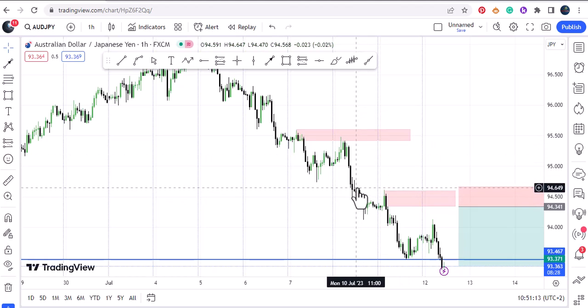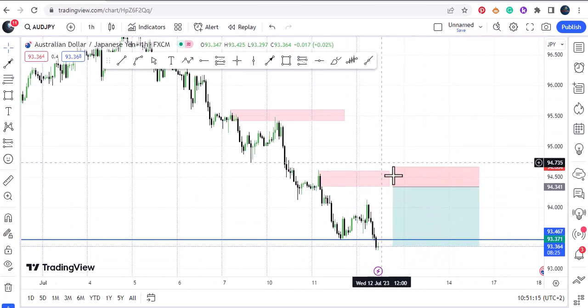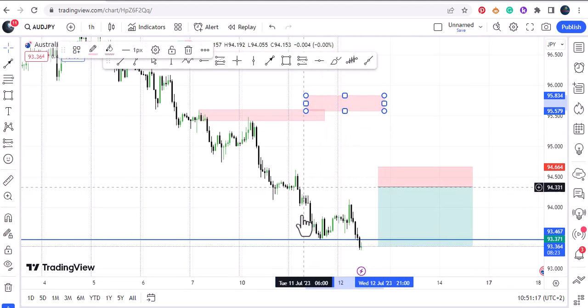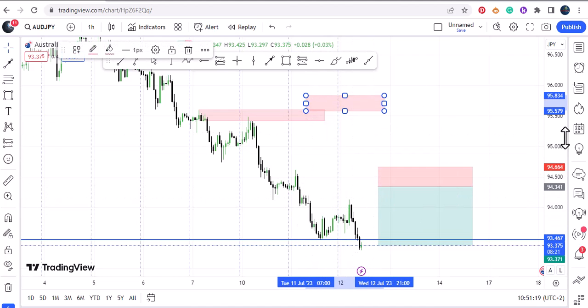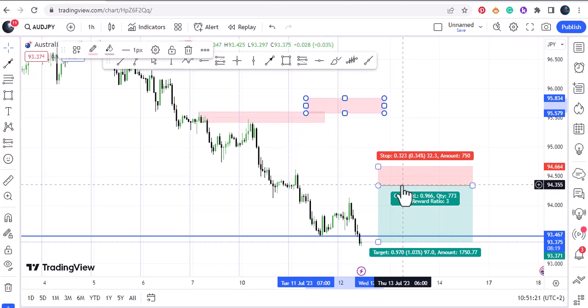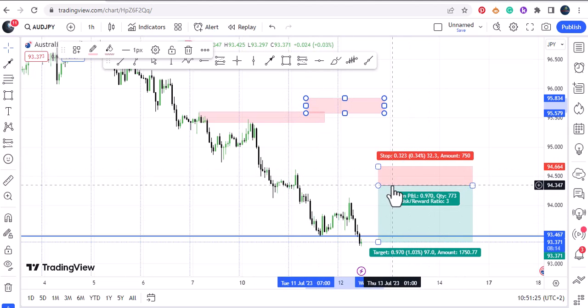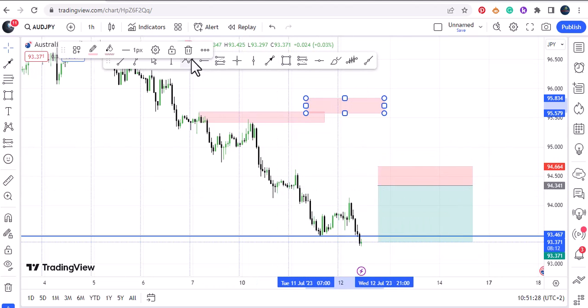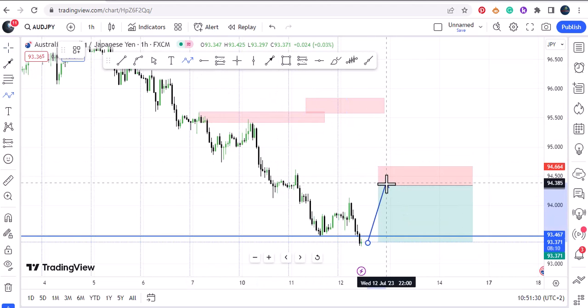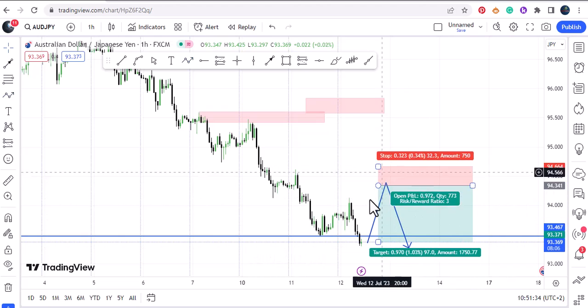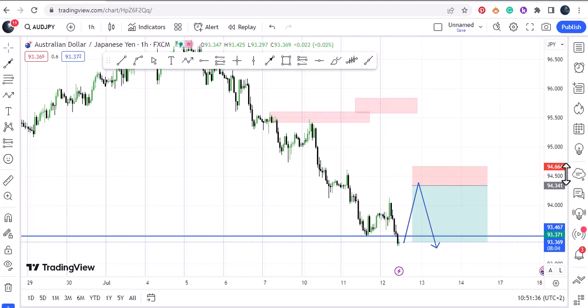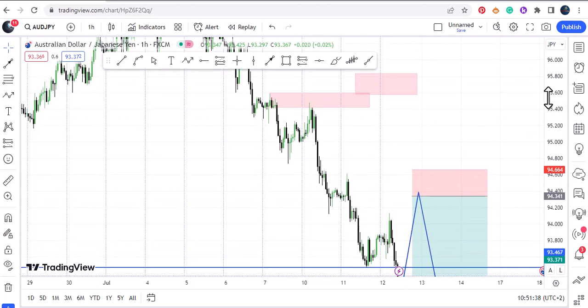And here again, we had this order block and price tapped in again and went down, and we had this order block again, price tapped and went down. So what we are waiting for here is the retest of this order block, and we have set our limits at this particular point. What you are waiting for is very simple. We're just waiting for price to hit this OB and go down like that. This is the move, or the play, that we want to see Aussie yen doing.